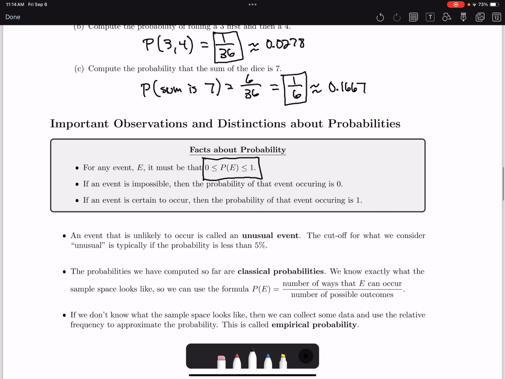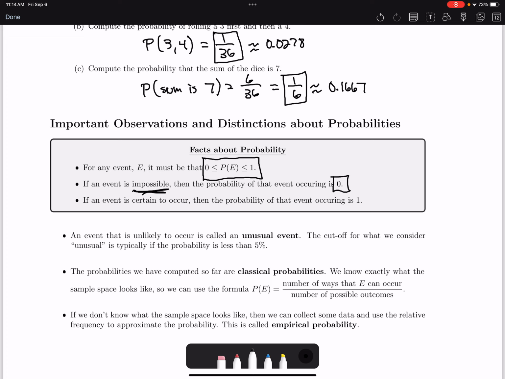And the reason for that is because if an event is impossible, if an event cannot occur, then there are 0 ways for it to happen. And so the probability of it occurring would be 0 out of however many possibilities there are in the sample space. But 0 divided by anything is just 0. And so this is the smallest that a probability can be. It doesn't make sense to say that there are -7 ways that something can happen, right? That's a nonsensical thing.